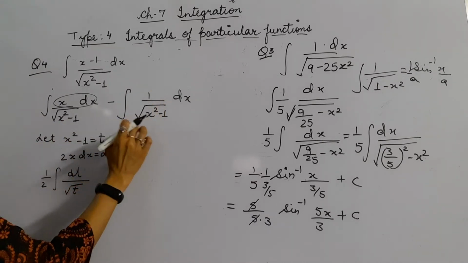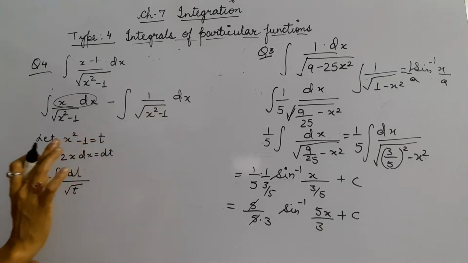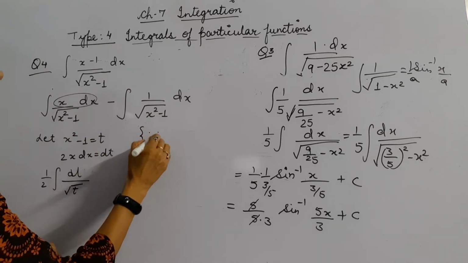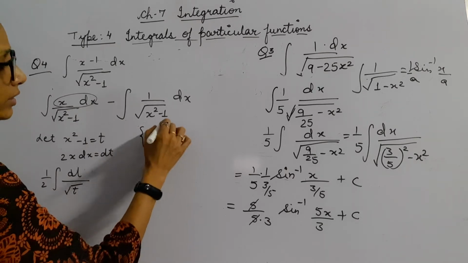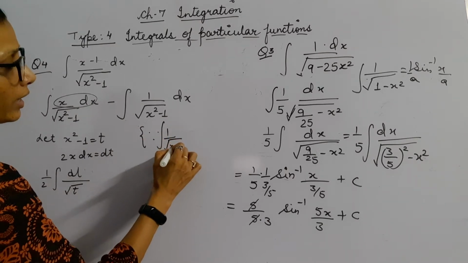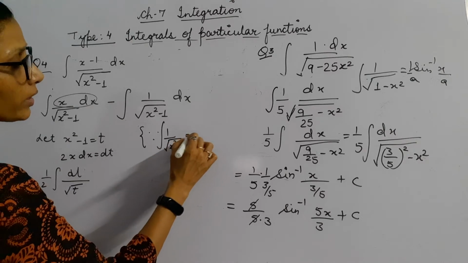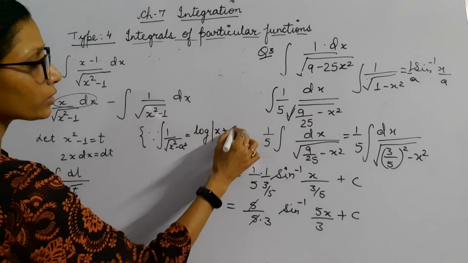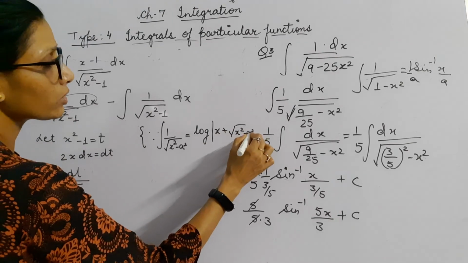This is 1 by under root x square minus a square, which is a direct formula, and you know the formula that if you have integration of 1 upon under root x square minus a square, then you have the formula log of x plus under root x square minus a square.